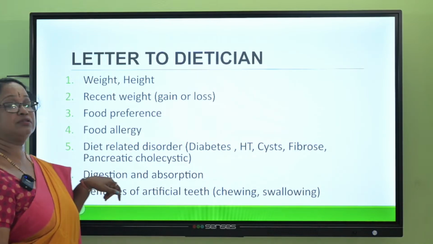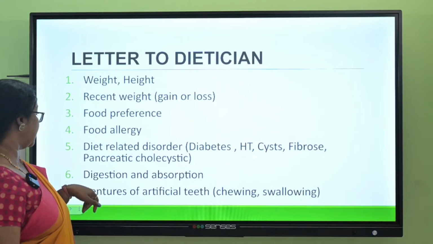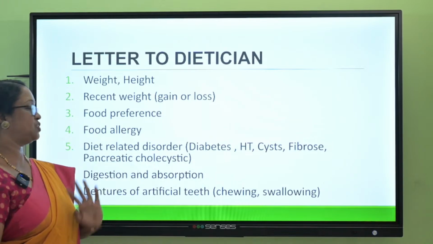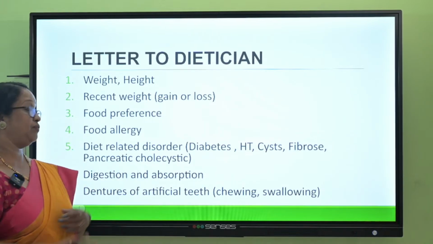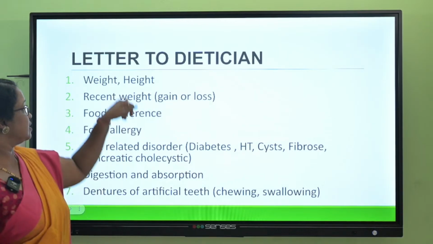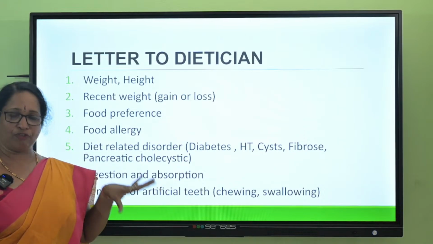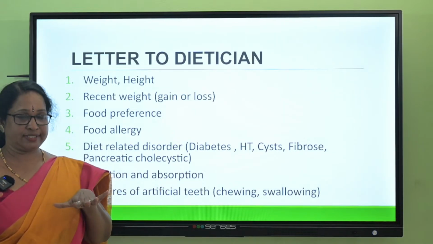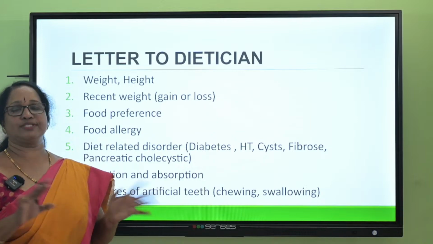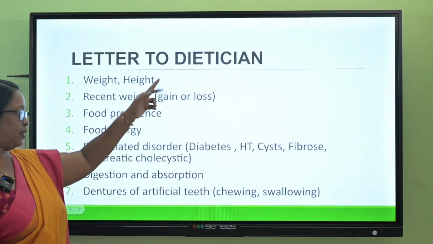The next one is digestion and absorption of the patient. And next, dentures, artificial teeth he was wearing, and we want to know the chewing and swallowing function of the patient. Make these relevant points clear from the case notes, and mention the present condition of the patient. That is enough when you are writing a letter to a dietitian.